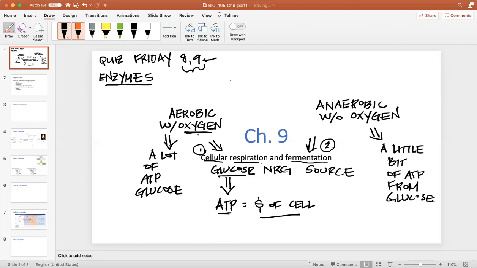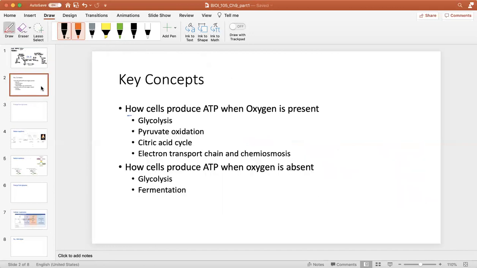If we have oxygen around, then we can get a lot of ATP for each molecule of glucose. But even without oxygen, we can still turn glucose into ATP using fermentation, which is a type of anaerobic respiration, meaning without oxygen. But if we don't have oxygen around, we're going to get a whole lot less ATP from our glucose molecule.